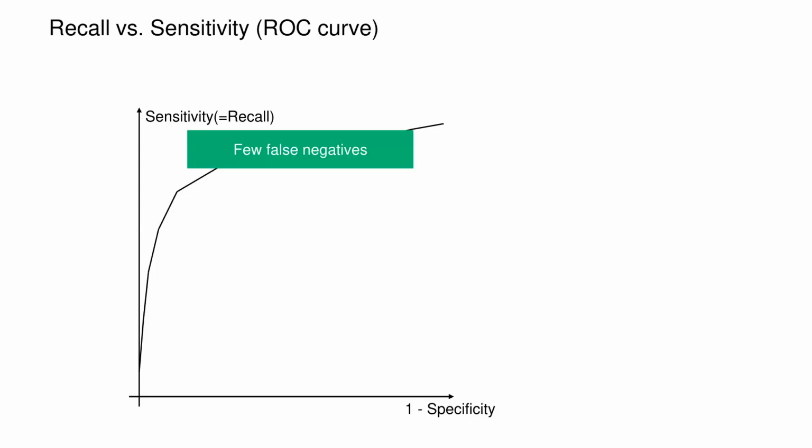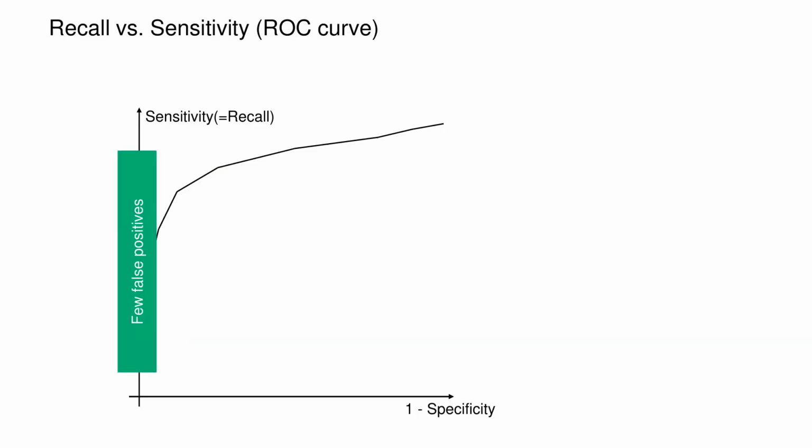And so that basically means that when we have a very high recall, we don't have so many false negatives, because this is what recall is about, right? You have high recall if you don't have so many false negatives. Here you would have a lot of false negatives. If you have very low recall, it means there's a lot of documents you're incorrectly not returning, even though they're relevant.